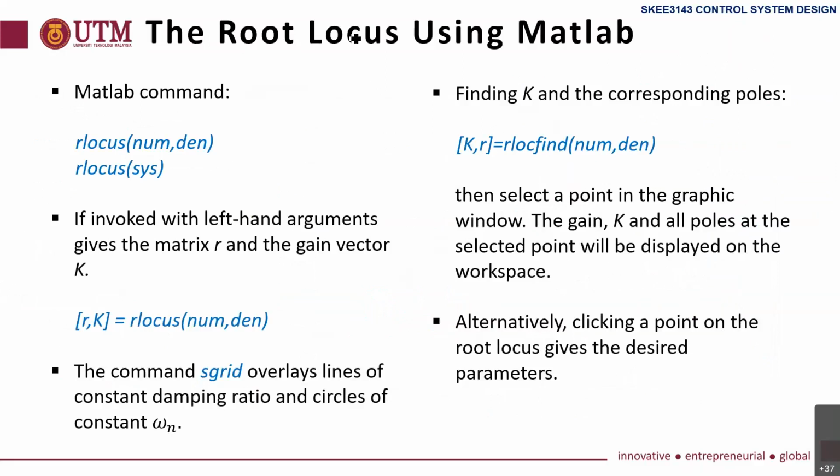We have done rule number 1 until rule number 9. By now, you should be able to sketch the root locus, and you should be able to get the information from the root locus. Basically, normally what we want is to find the closed loop poles and to find K at that particular closed loop pole or particular point.